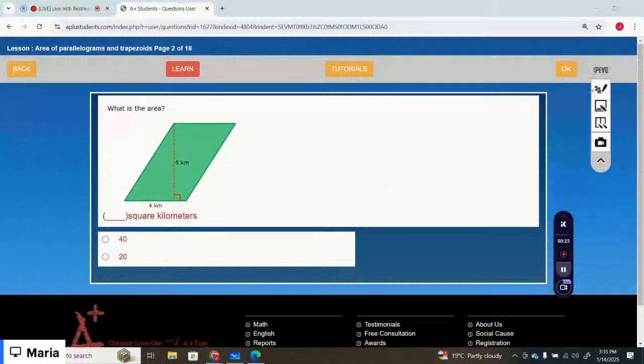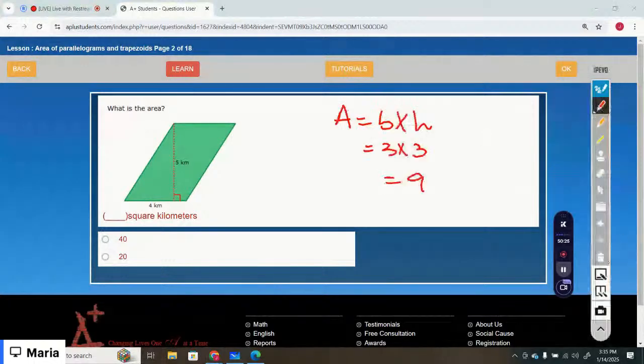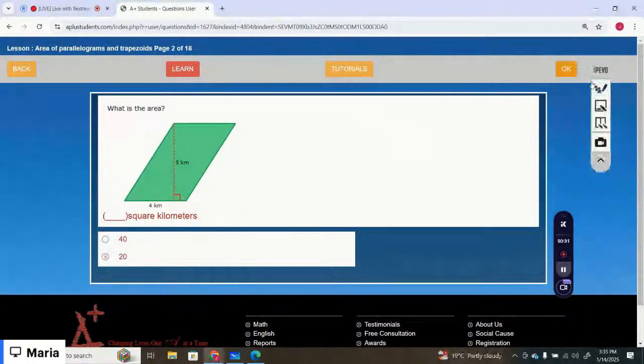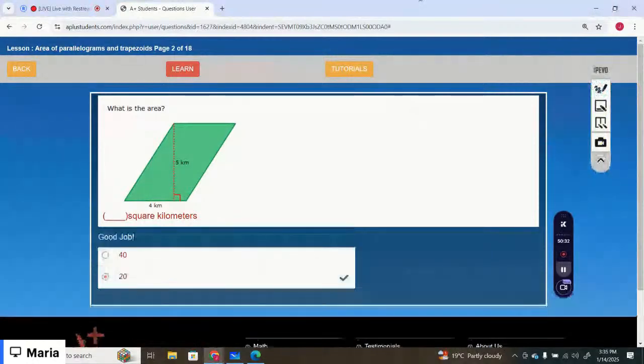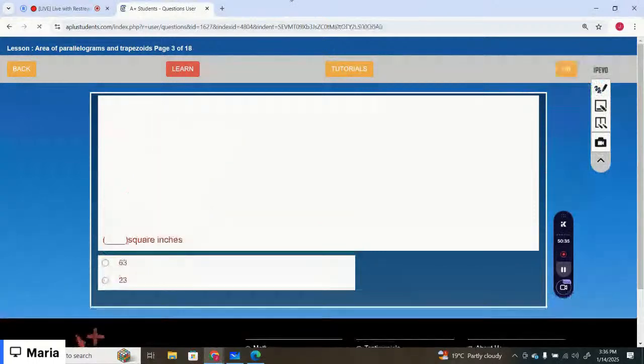What is the area? You have to do 5 times 4. The correct option is 20. Option number 2 is the correct option. What is the area?